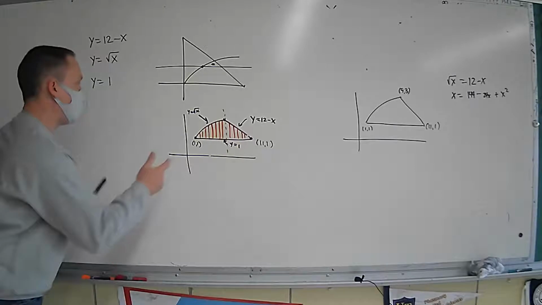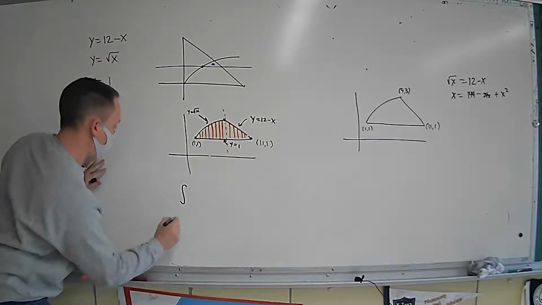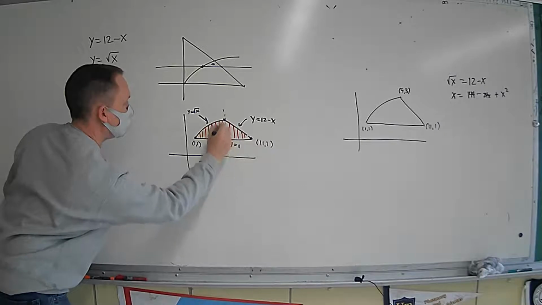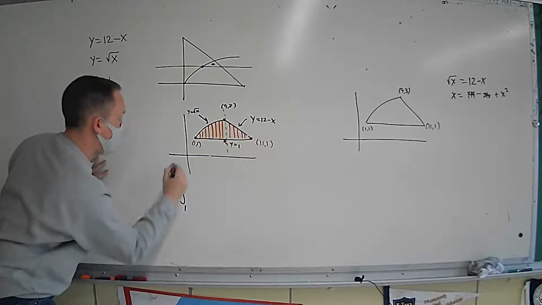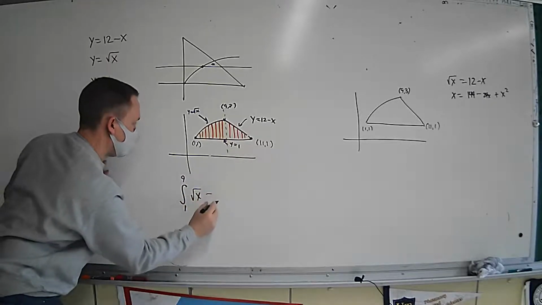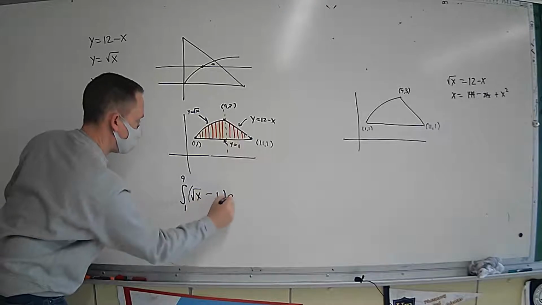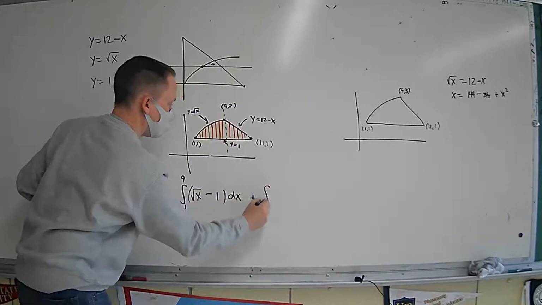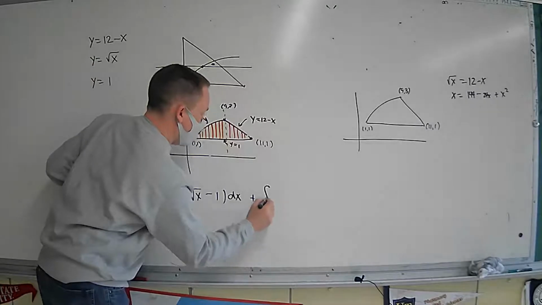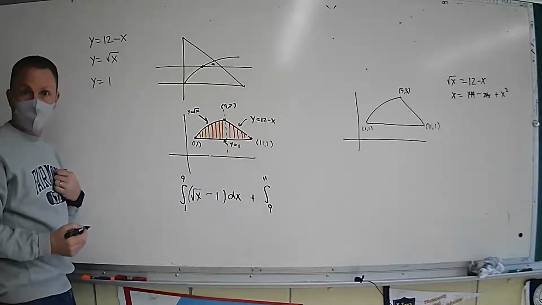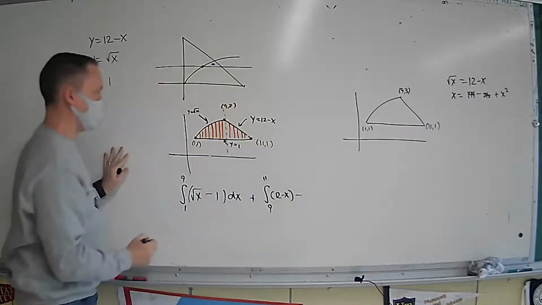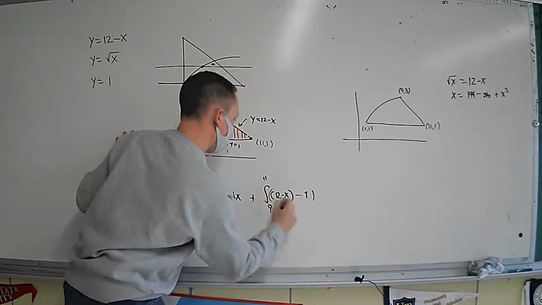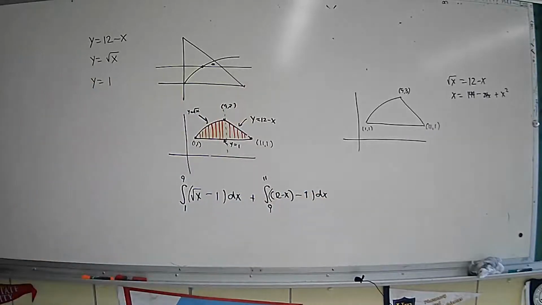So we could say it's the integral from 1 to 9 of the square root of x minus 1 dx plus the integral from 9 to 11. Now which one's on top? 12 minus x minus 1 dx. Okay? So those two integrals added together will give you that area.